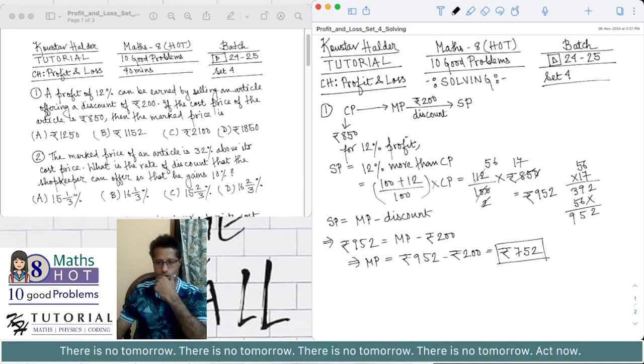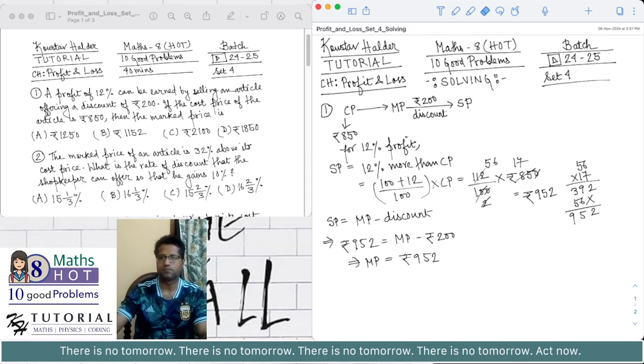Okay, and so I did a mistake in solving a simple linear equation. I often do this kind of mistake, I'm really sorry for this. Always be focused while solving a problem. If you are out of focus, you can make mistakes.